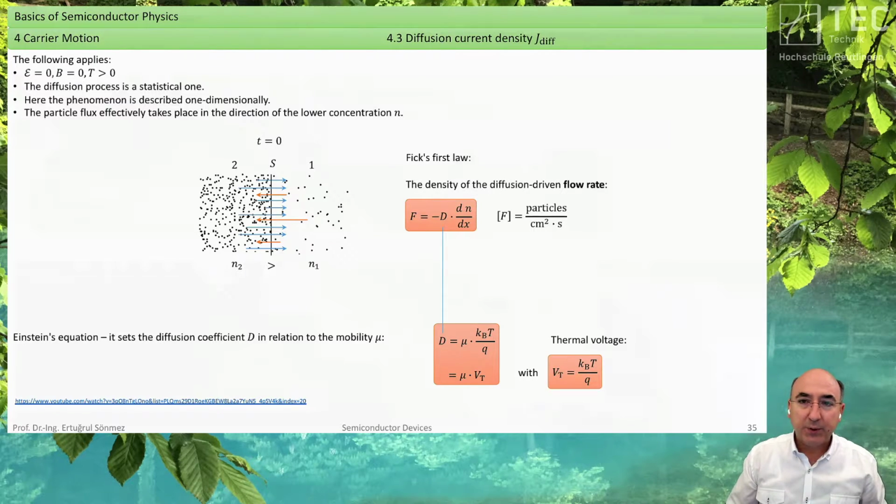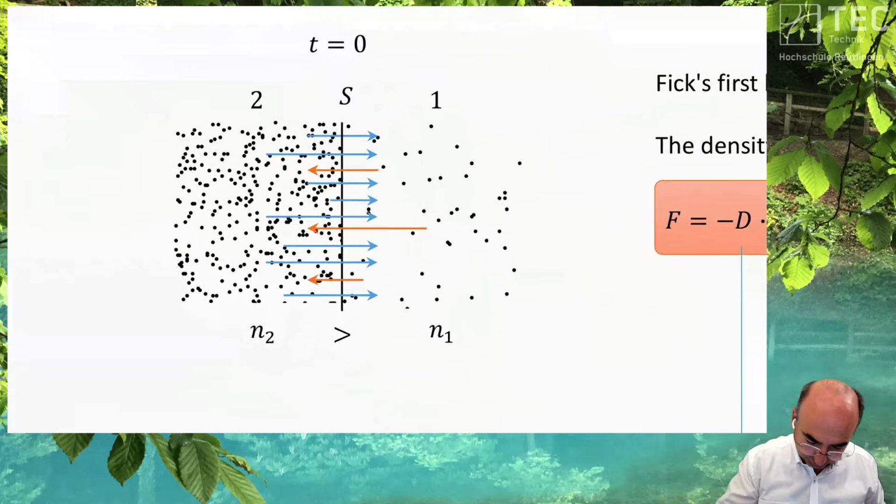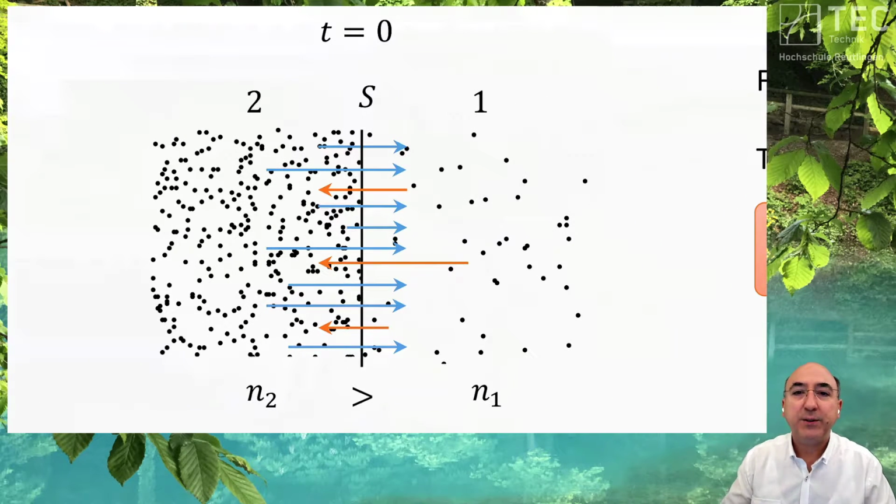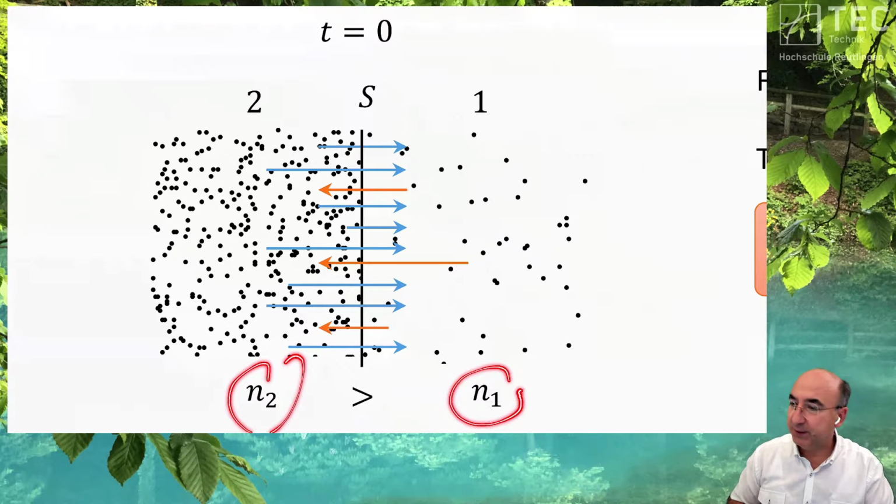For this, we don't only need temperature, we need a second thing, namely a concentration gradient, or a difference in the concentration at different locations in the lattice.